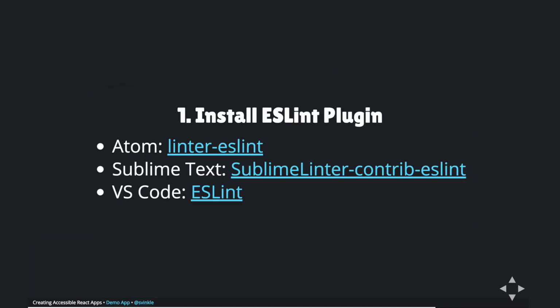So first you need to install the ESLint plugin for your editor. This is usually done within the editor as part of the package manager. So I've got a few links here to some of the more popular editors these days, and the names of the plugins include linter-eslint for Atom, SublimeLinter-contrib-eslint for Sublime Text, and ESLint for VS Code.